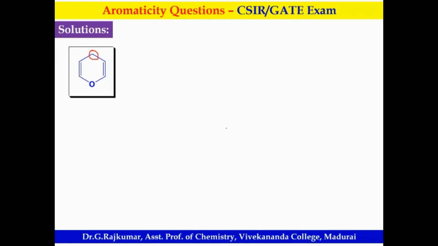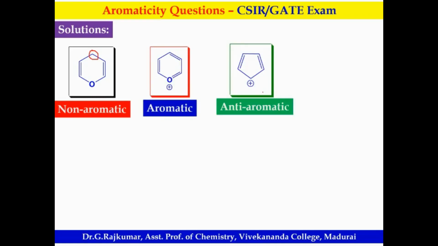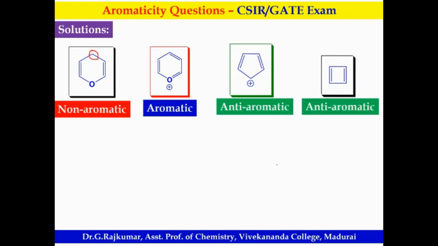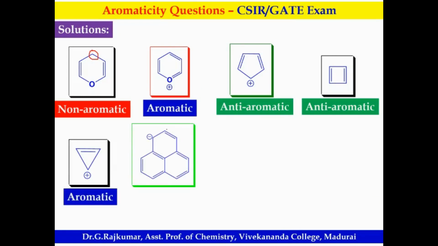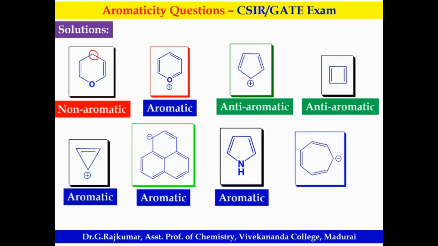Okay, let me explain. The first is non-aromatic; there is an sp3 hybridized carbon. Look at the second option, aromatic. Third is the cyclopentadienyl cation, anti-aromatic. Cyclobutadiene is also anti-aromatic. The cyclopropenyl cation is aromatic. This anion is aromatic. This is pyrrole, aromatic. Cycloheptatrienyl anion, anti-aromatic.